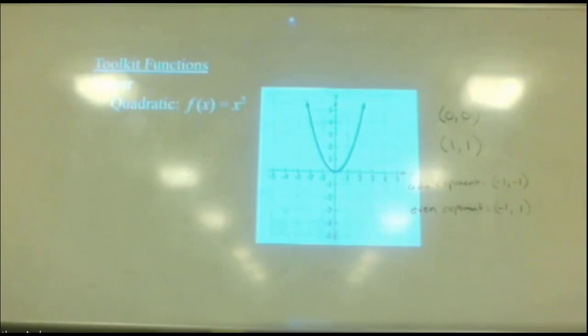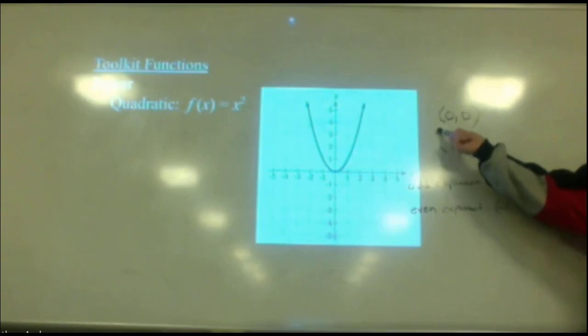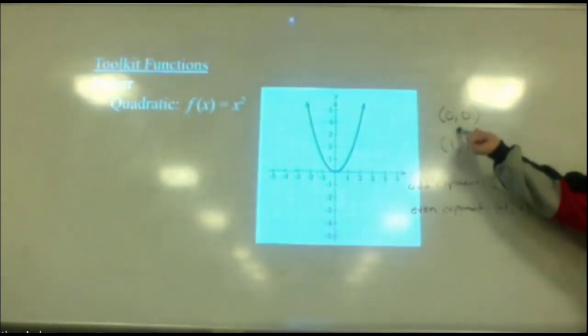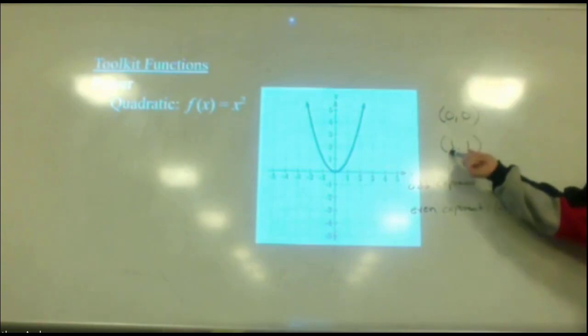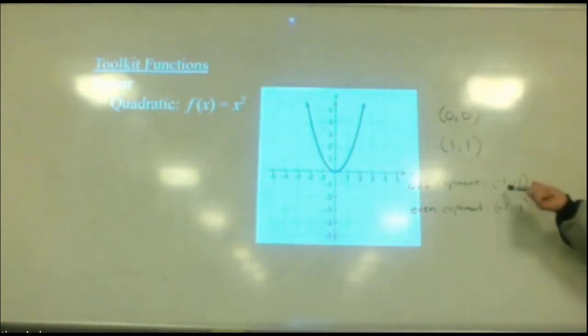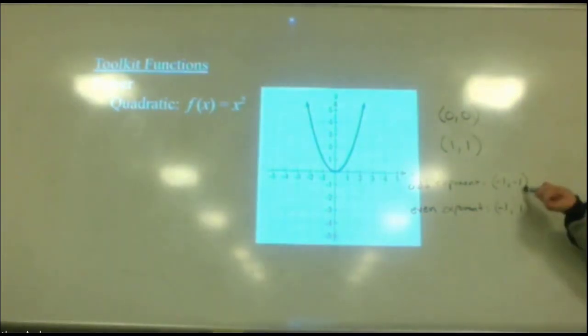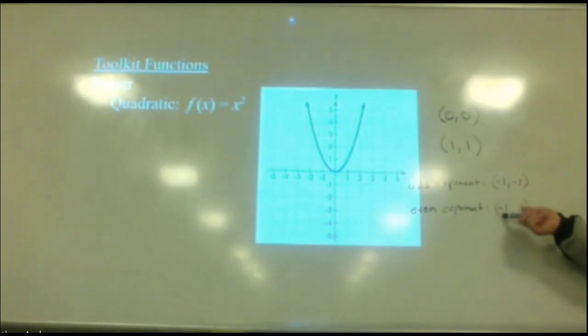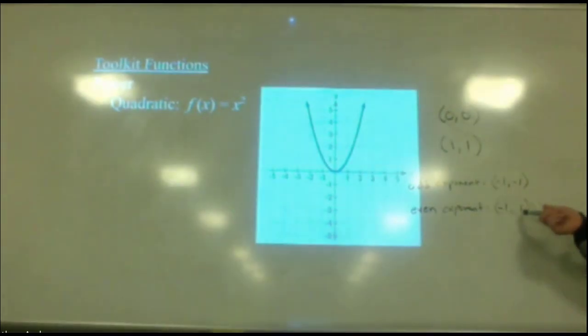And if you think about why, if I have 0 and I raise it to whatever power, isn't it always 0? Even to the 100th power. Same thing with 1. 1 raised to any power is always 1. When you have an odd exponent, -1 raised to that odd exponent is going to be -1. But when you have an even exponent, -1 raised to that even exponent will be +1.